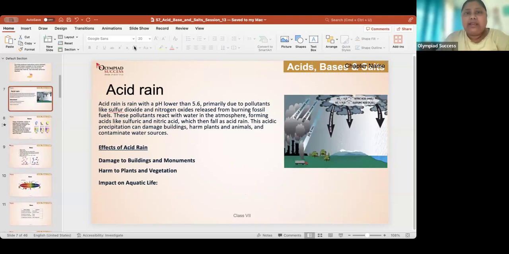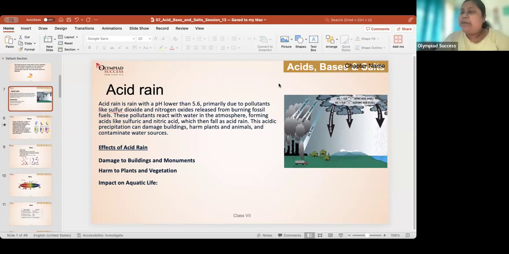Now moving on to the second implication, which is acid rain. For this, we should blame the industries and the vehicles. What happens here?